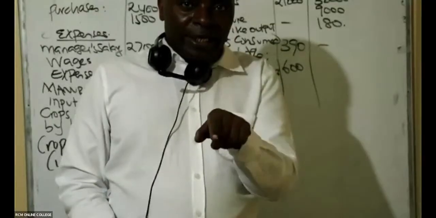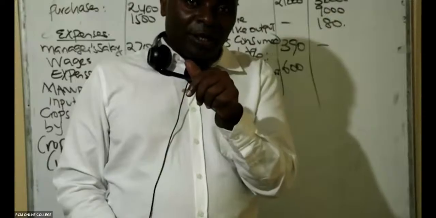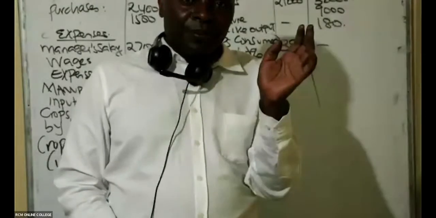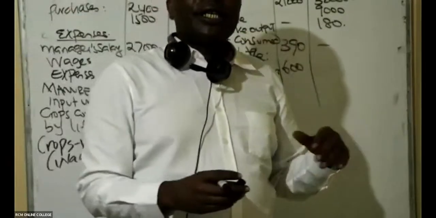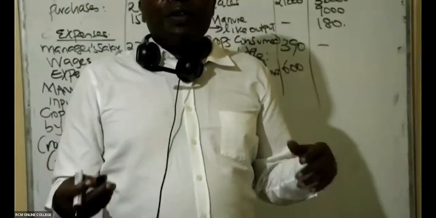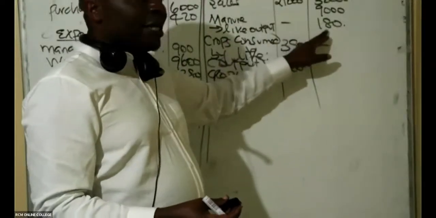Manure worth 180. So you ask yourself, who produces this manure? It is livestock. So manure from livestock is an output. If it's an output, remember our assets, in this case you're losing, you're giving away. So for manure as an output, you credit here.